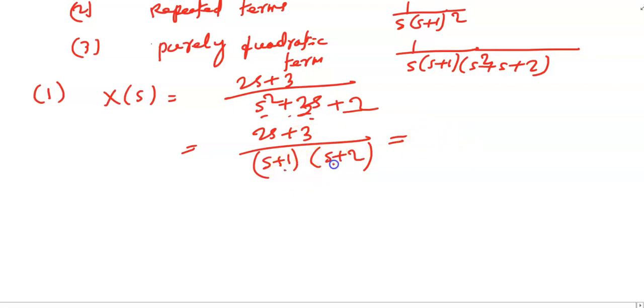Because there are two terms, I'll write a constant A upon (s plus 1) plus B upon (s plus 2).